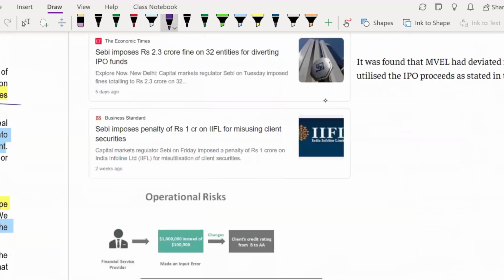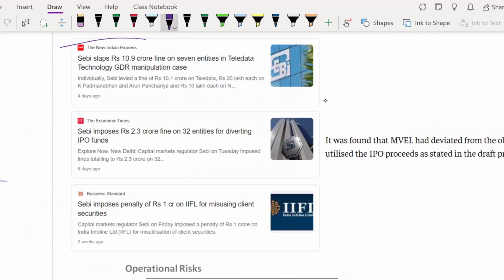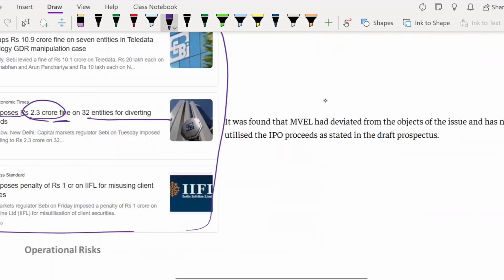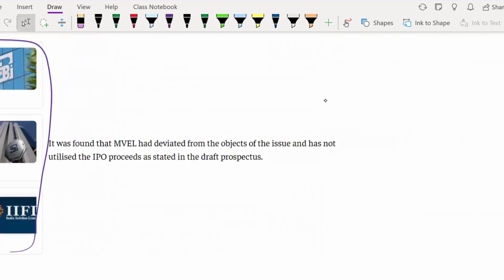Correct. So here are a few newsletters which I have taken from Google, which show what happens when companies did not comply with the SEBI guidelines. So here, see, SEBI imposes 2.3 crore rupees of fine on 32 entities for diverting IPO funds. These companies deviated from the objects of the issue.